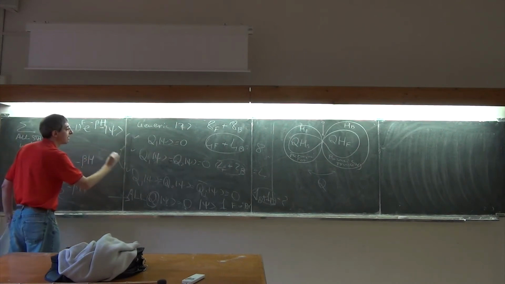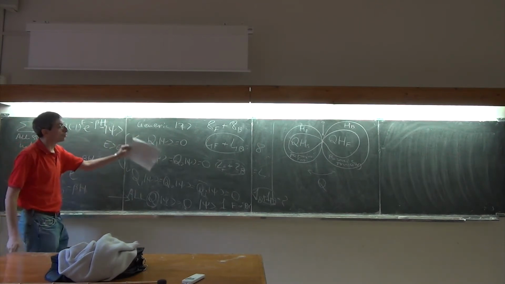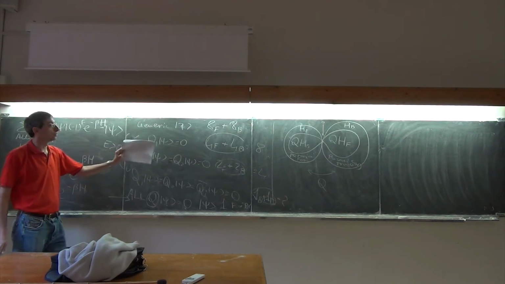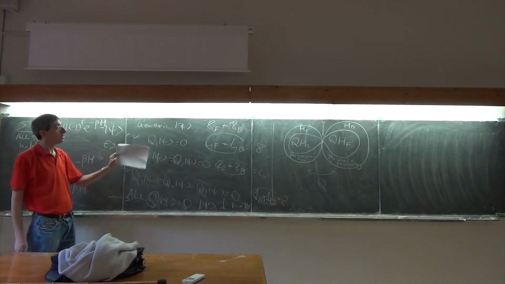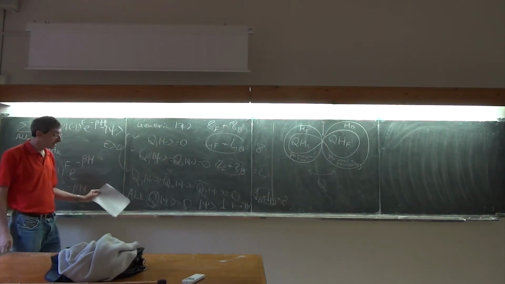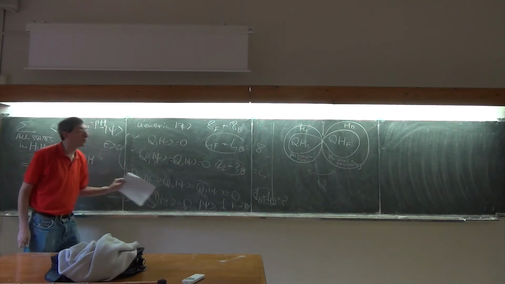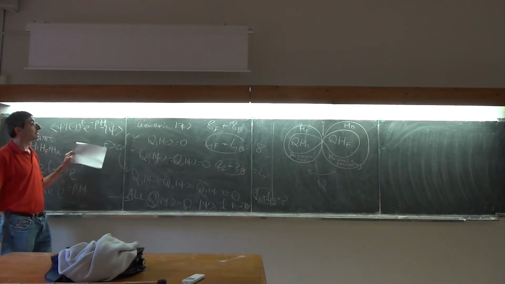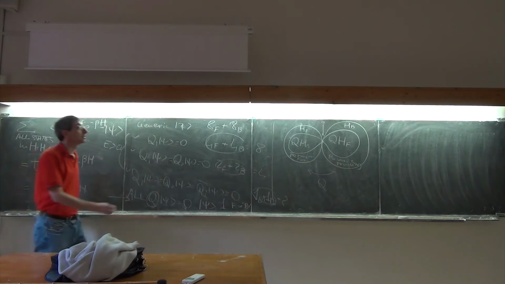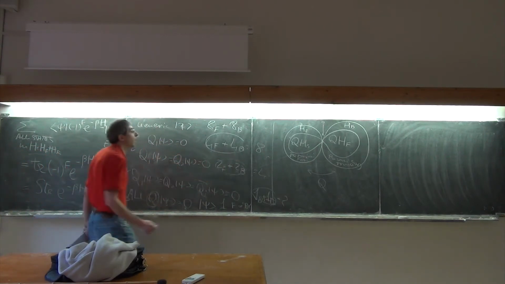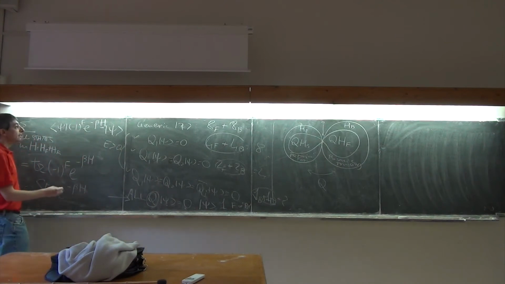All of these guys have positive energies, because some of the supercharges do not annihilate the psi, so the energy cannot be 0. This guy is the only one that is annihilated by all the Q's, so it's 0 energy. These guys are positive energy, and they're paired in fermions and bosons, so they will not contribute to this trace.